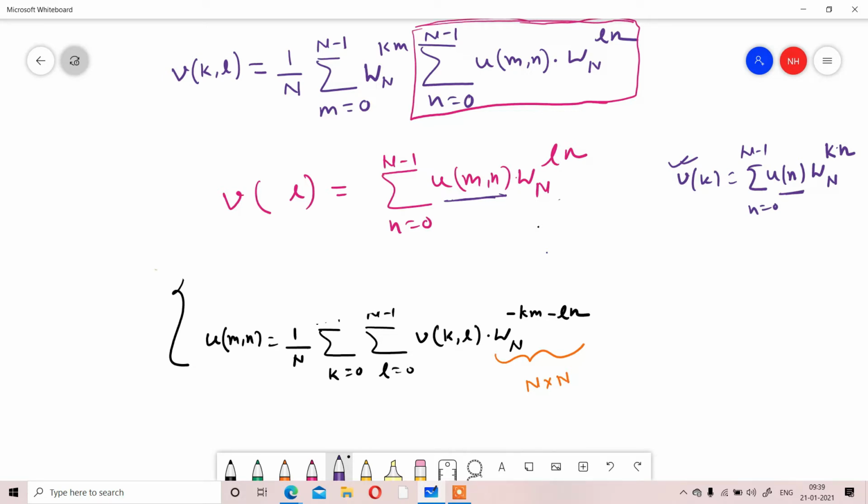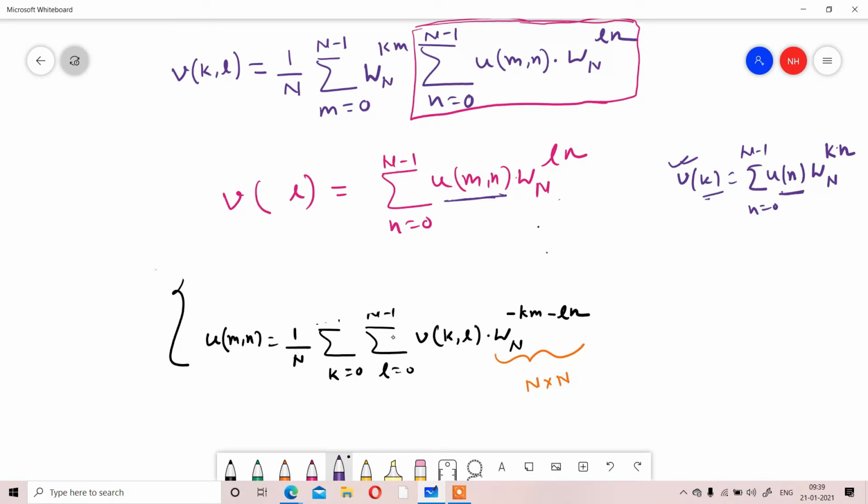Okay, see, whenever you are trying to calculate the frequency domain expression from the spatial domain expression, n is in the spatial domain, k is in the frequency domain.